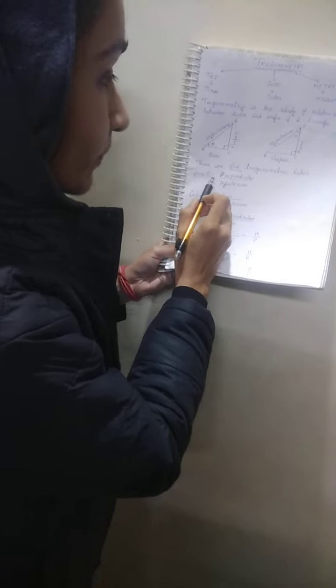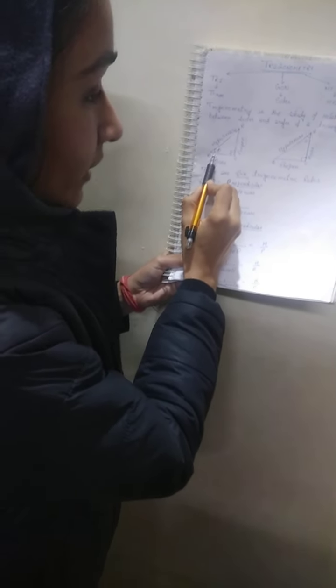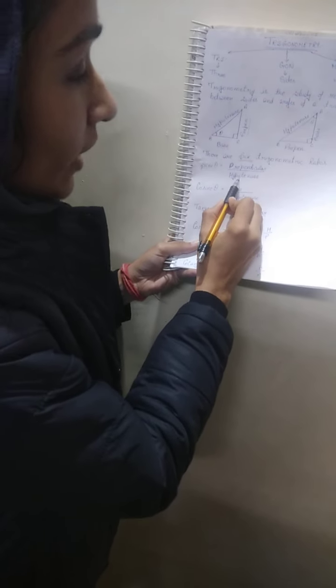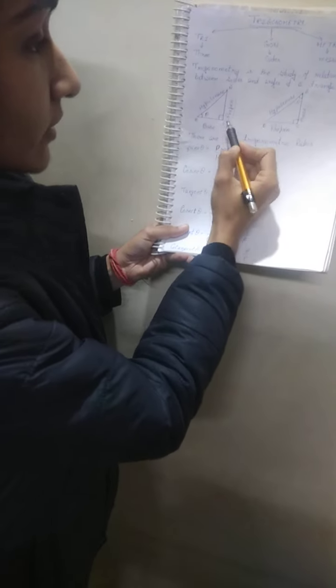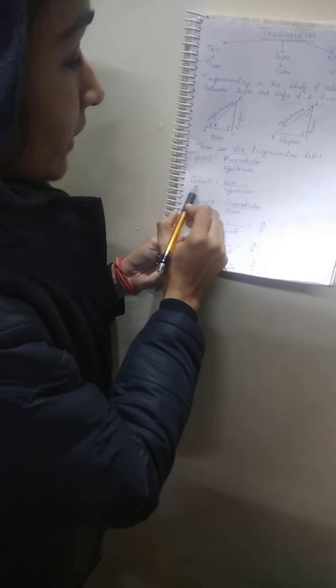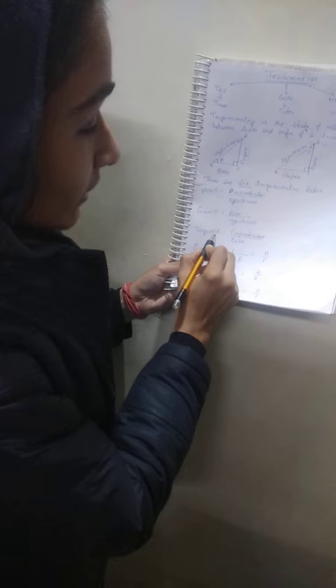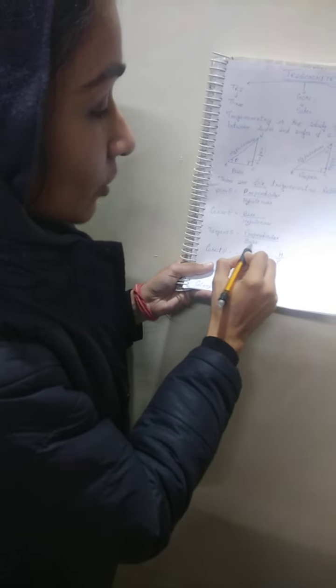First, sine theta. If the angle of reference is at point B, then sine theta is perpendicular over hypotenuse. Perpendicular is AC over BC. Then cosine theta is equal to base over hypotenuse. Tangent theta is equal to perpendicular over base.